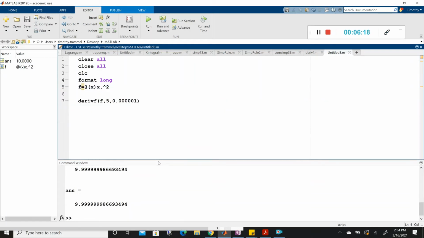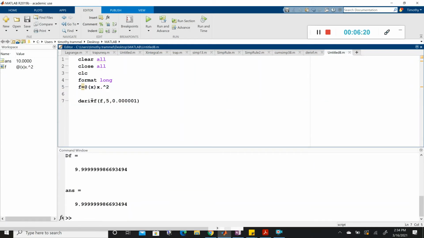Okay, so that's pretty good. Let's see how well this would work if we were to try and plot a derivative. Let's instead consider f to be sine, and let's actually plot it.